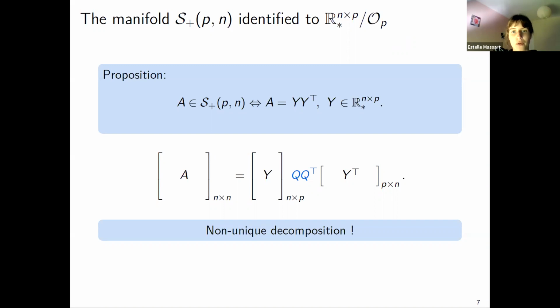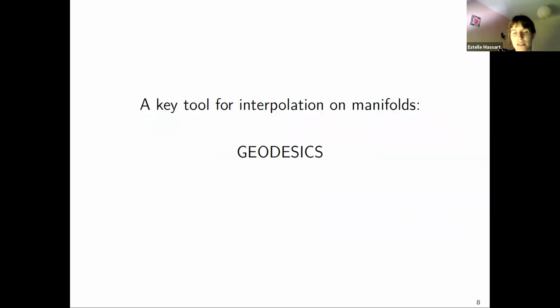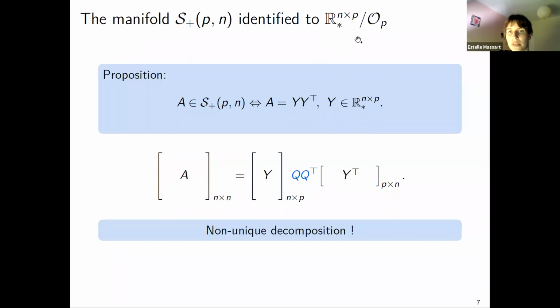We have then taken a metric, and this gives us a notion of geodesics, so shortest paths. For the metric, we have just endowed the set R n times P here with the classical Euclidean metric.